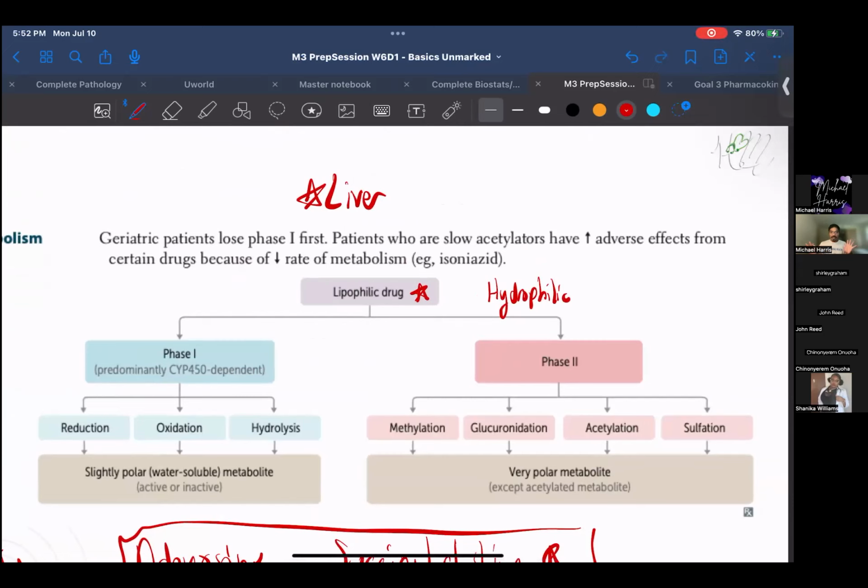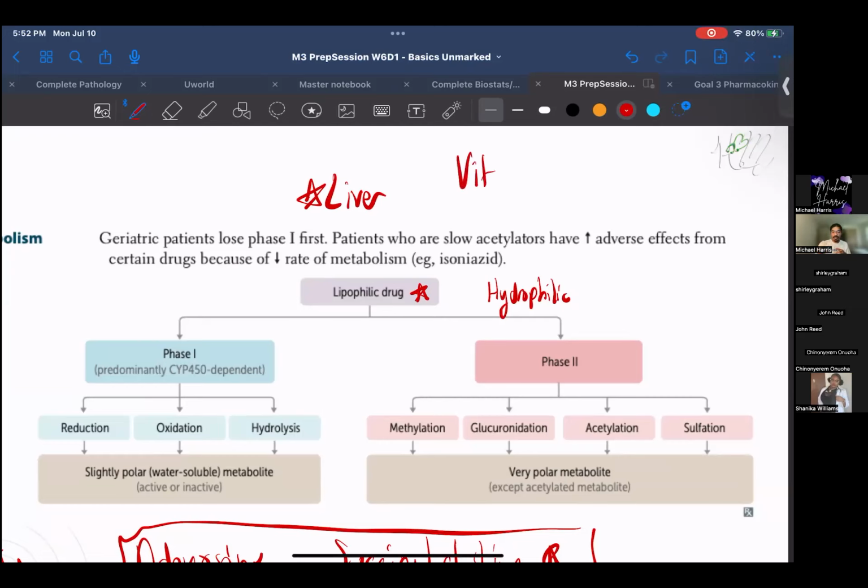Let's say we give hydrophilic drugs, which there are some. What do you think they're undergoing? Since this is for lipophilic. How do you get rid of hydrophilic vitamins?